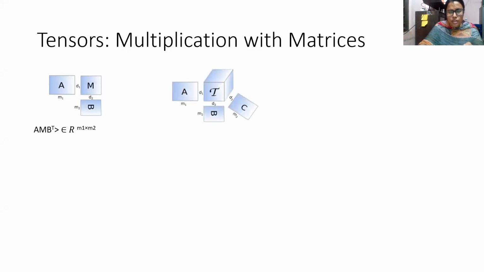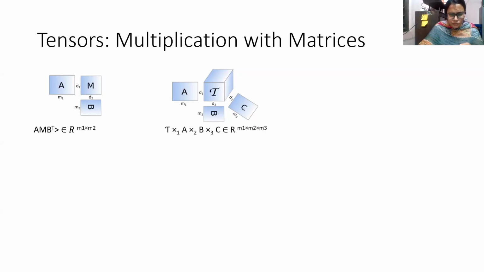Here is the multiplication of a tensor with three matrices: matrix A, matrix B, and matrix C. As I said, these matrices must have matching numbers of rows and columns, otherwise they cannot be multiplied, as you know.